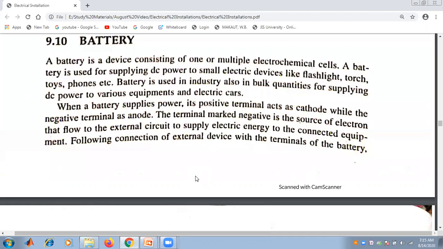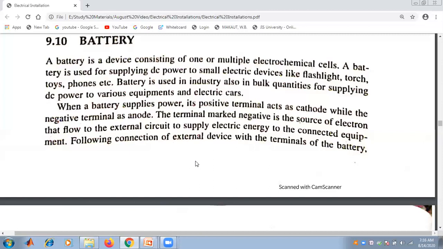A battery is used for supplying DC power to small electric devices like flashlight, torch, toys, phones, and others. Batteries are also used in industry in bulk quantities for supplying DC power to various equipment and electric cars.